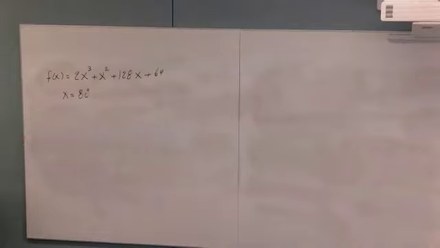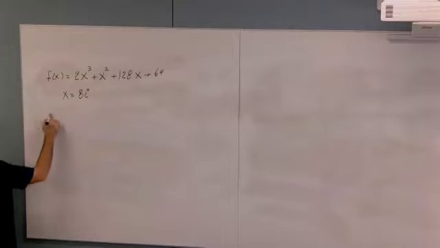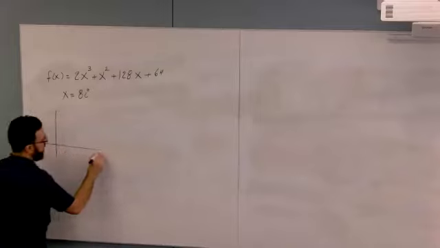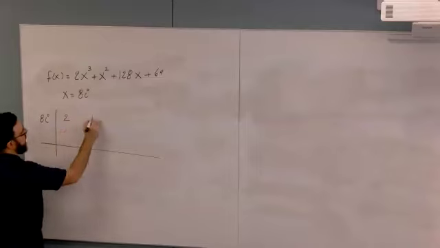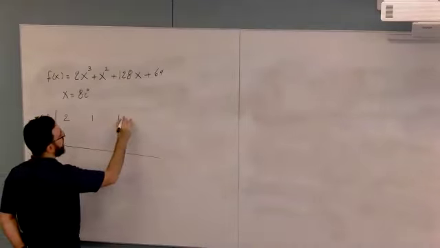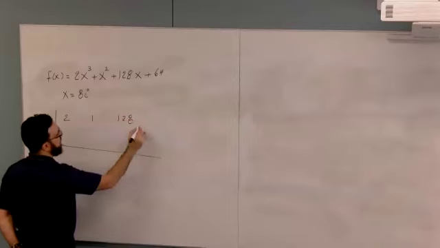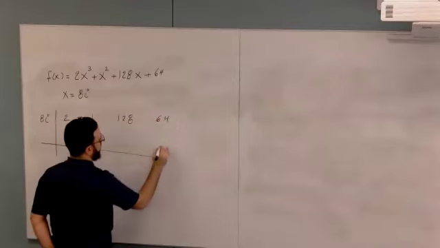Is that okay? So, do you have this term? We put 8i, minus 2, minus 1, 128, and then 54.